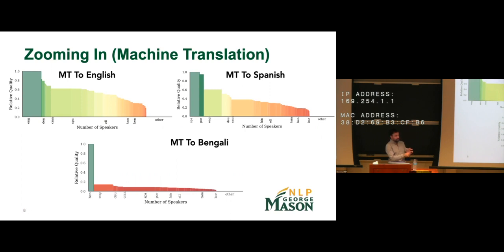Then maybe 1/10 or less is European languages. Then there's all the Spanish speakers in South America and Central America, in the Americas. But then also if you think about the 90 million or so Bengali speakers that have systems, but they're not nearly as good as for the German speakers.